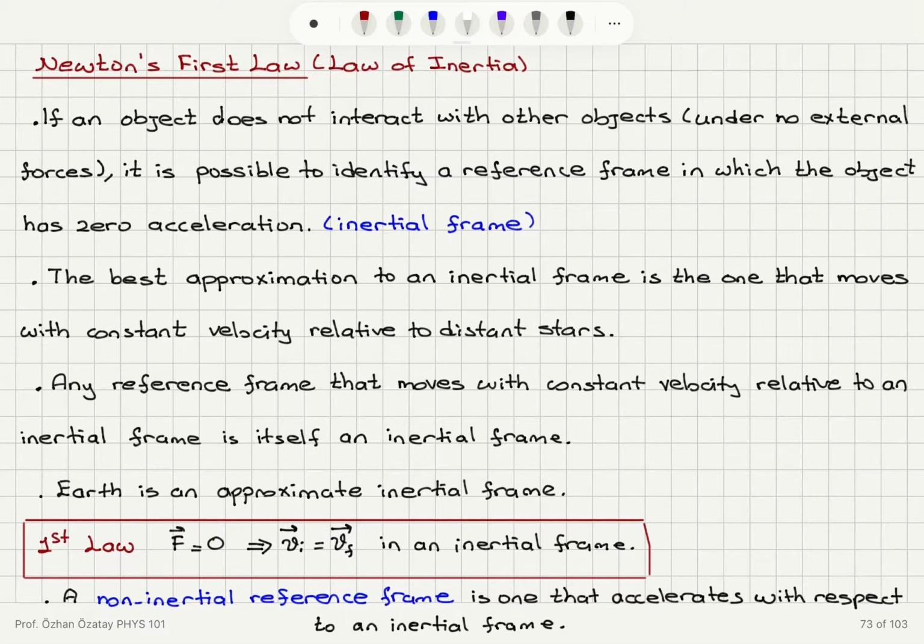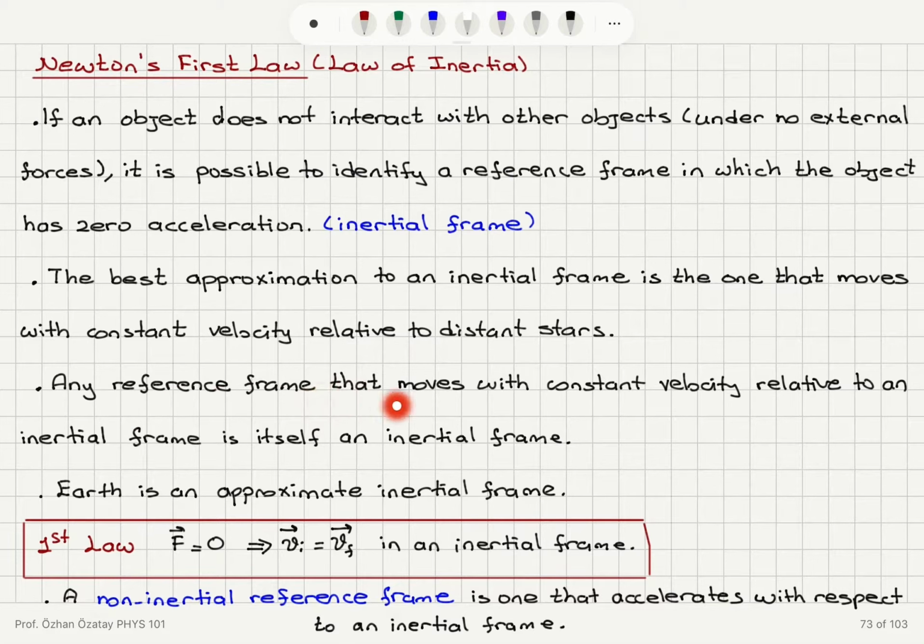So it's a non-accelerating frame, and it is defined with respect to distant stars. So if it has constant velocity with respect to distant stars, which are more or less at rest, so that's what we have in our approximation, then since it's moving with constant velocity with respect to distant stars, it's not accelerating, and that it is called an inertial reference frame.